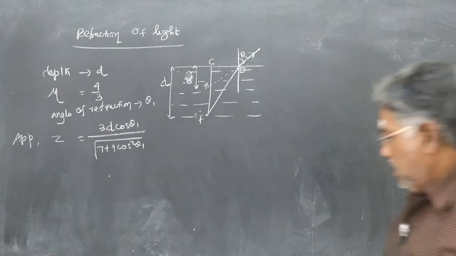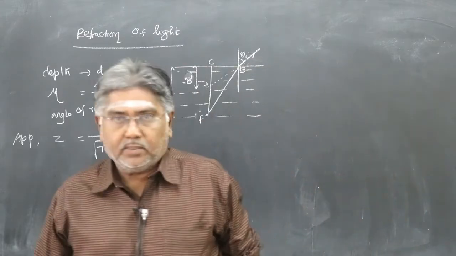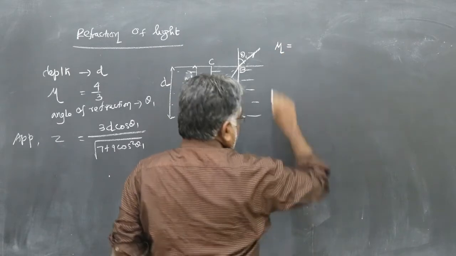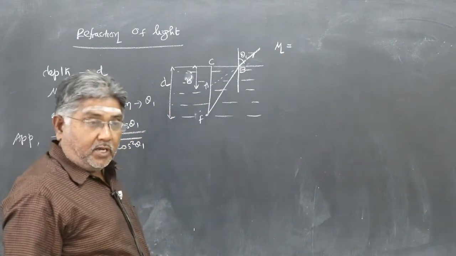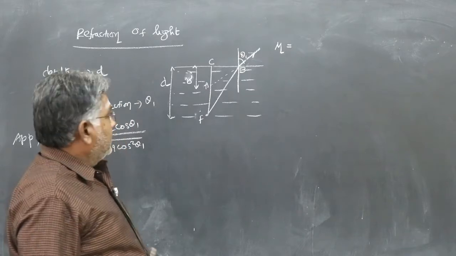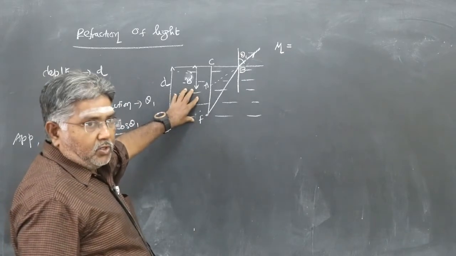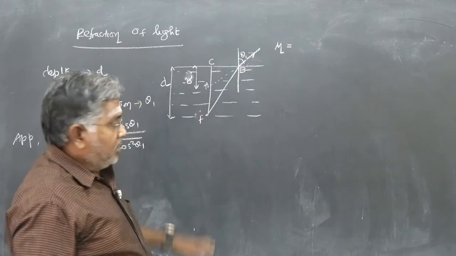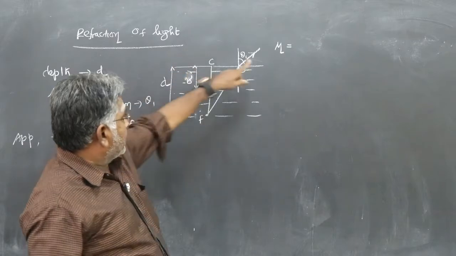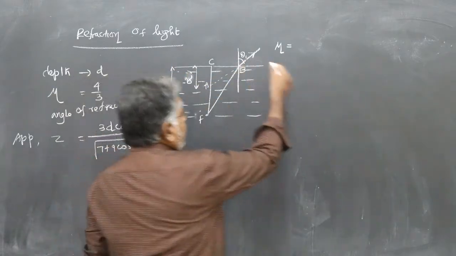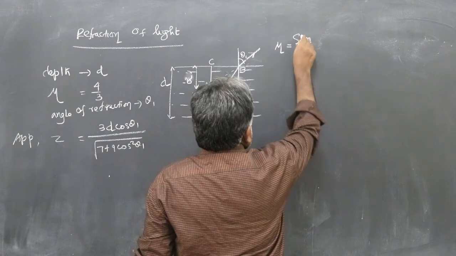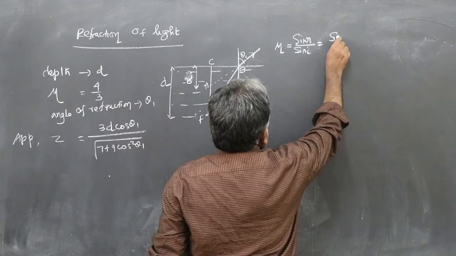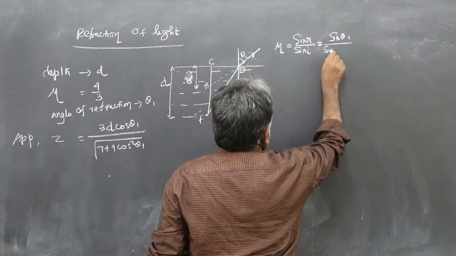Understood that? You know that mu is equal to sin i by sin r, if mu is the refractive index of the second medium with respect to the first medium. Here, the refractive index of the first medium with respect to the second medium we take as mu, which will be sin r by sin i, but here sin theta 1 by sin i.